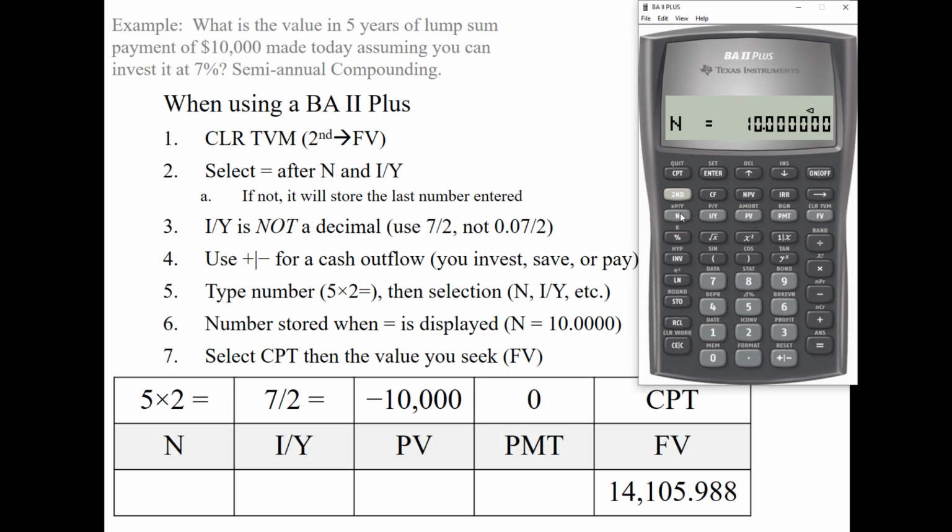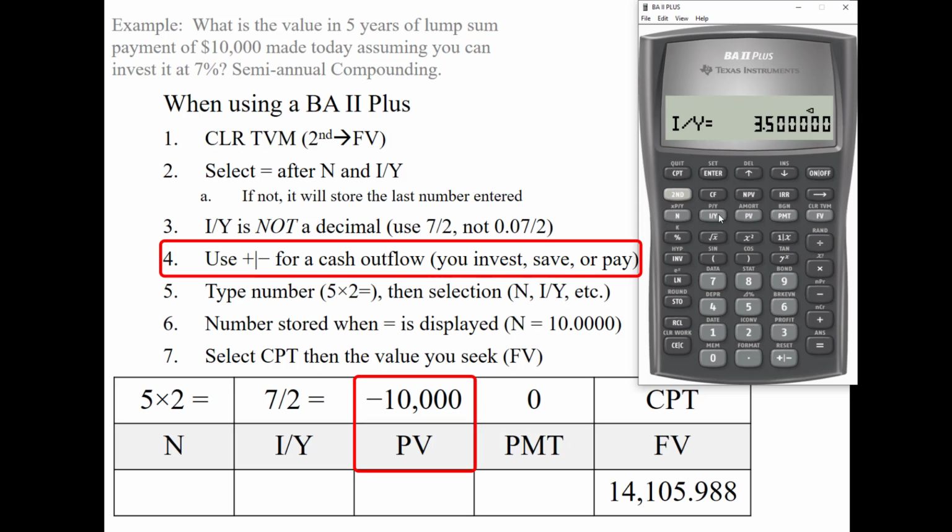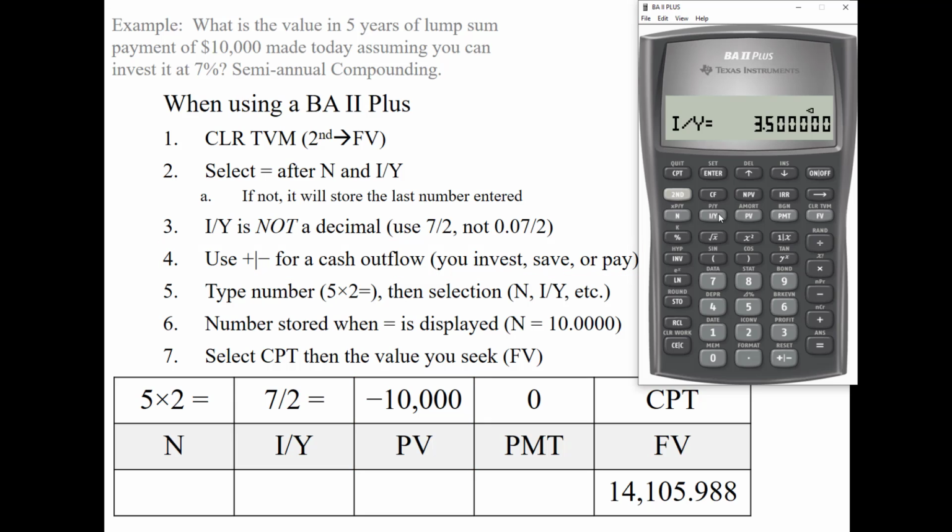Our interest rate or our yield is going to be 7% divided by 2. And so we type in 7 divided by 2 equals, and then hit IY. And just like the previous example, our present value is going to be a payment, so it's going to be a negative amount of $10,000. So I'll type in 10,000 and then hit the plus or minus key, and then select PV.